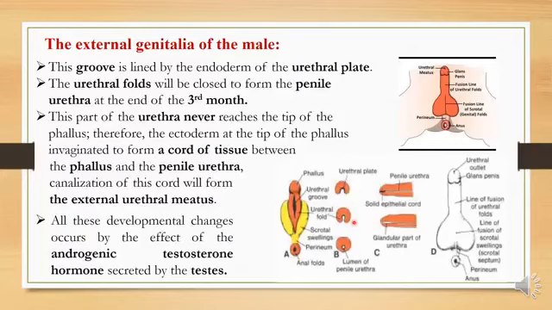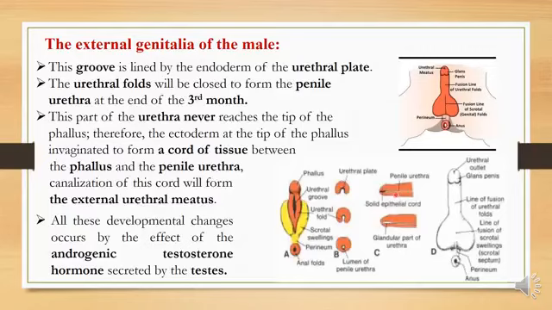These urethral grooves are lined by the endoderm of the urethral plate. The urethral fold will be closed to form the penile urethra at the end of the third month. This part of the urethra never reaches the tip of the phallus, therefore the ectoderm at the tip of the phallus is invaginated to form a cord of tissue between the phallus and penile urethra.